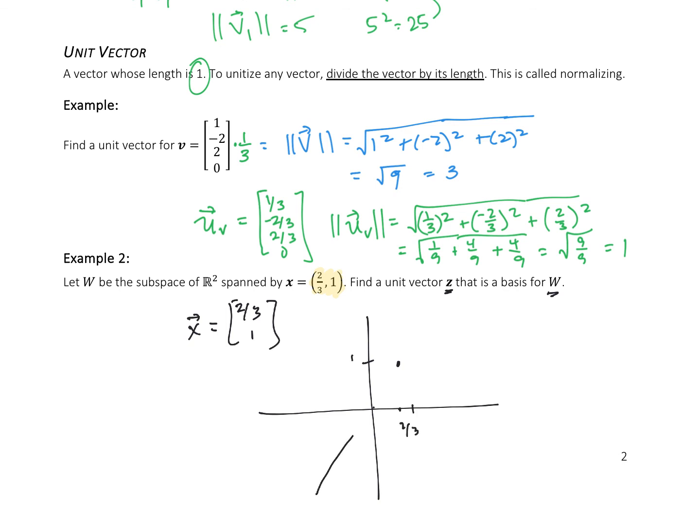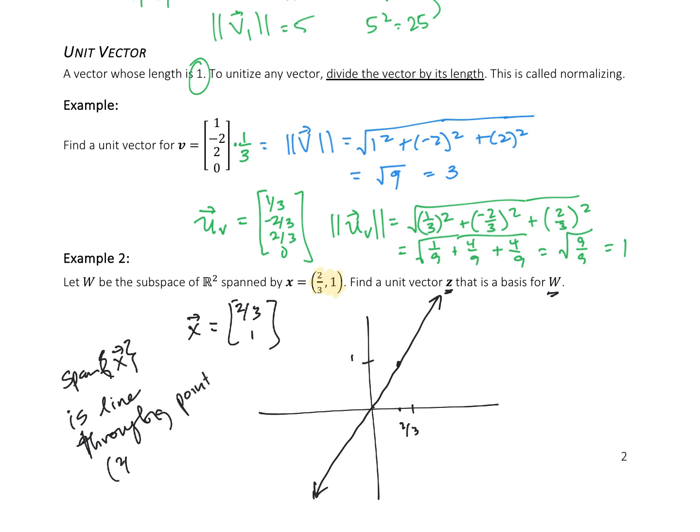So what they're telling us is that our w is this line right here, right? Because if I span a single vector, the span of x is the line through the point 2/3, 1. That's all it is, right? That's what w is.